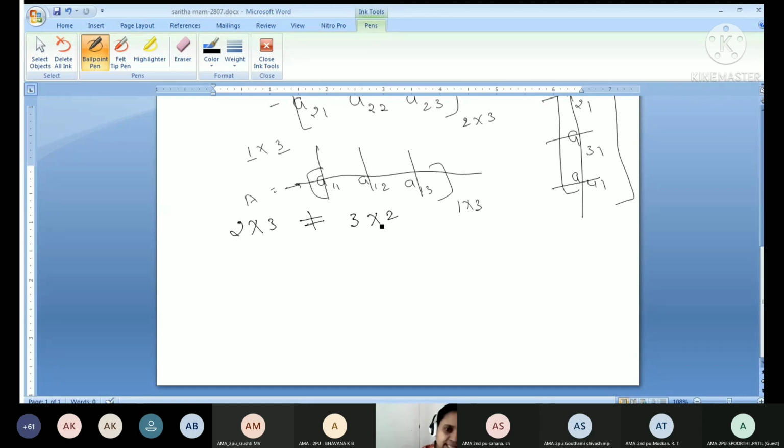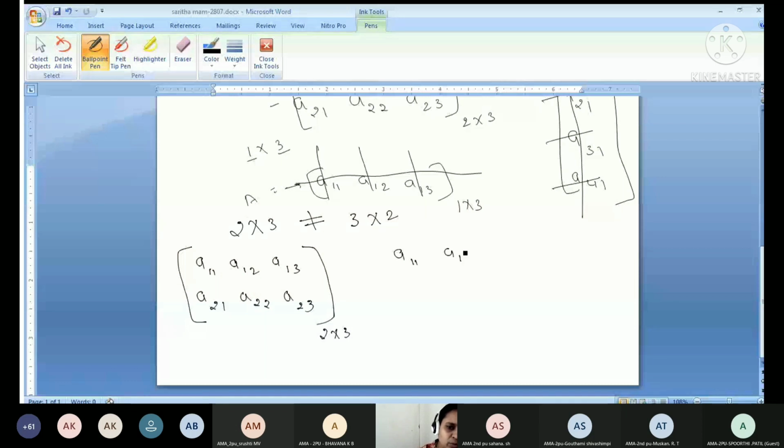A matrix of order 2 by 3 looks like this: A11, A12, A13, A21, A22, A23. This is a matrix of order 2 by 3, with 2 rows, 3 columns. And 3 by 2 will be A11, A12, A21, A22, A31, A32.